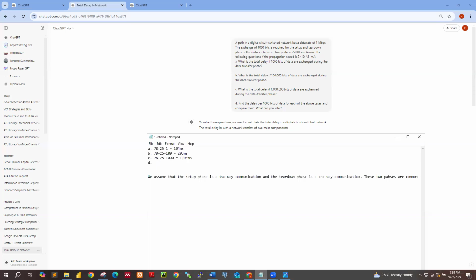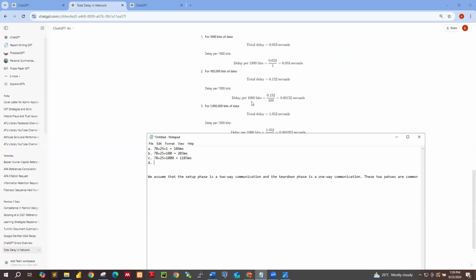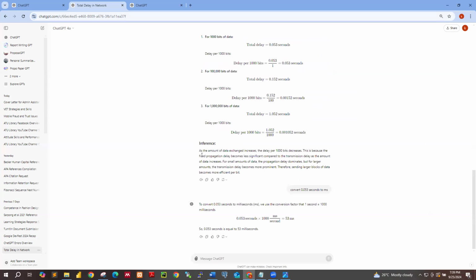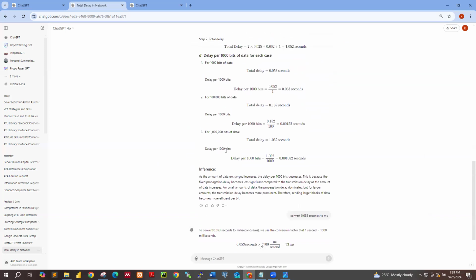The C, we are supposed to get 1103 milliseconds. So if you're able to get your A, B and C correct, then you'll be able to get the D. That is the inference. Once A, B and C are all wrong, it means that the D is also wrong.